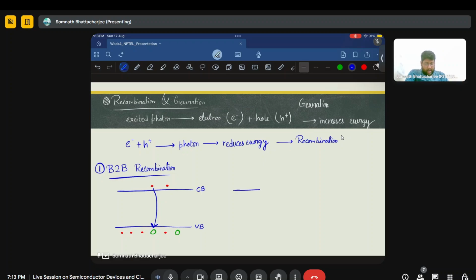Similarly, there can be a similar kind of case where we'll have this kind of structure, with electrons like this and a few holes like this.